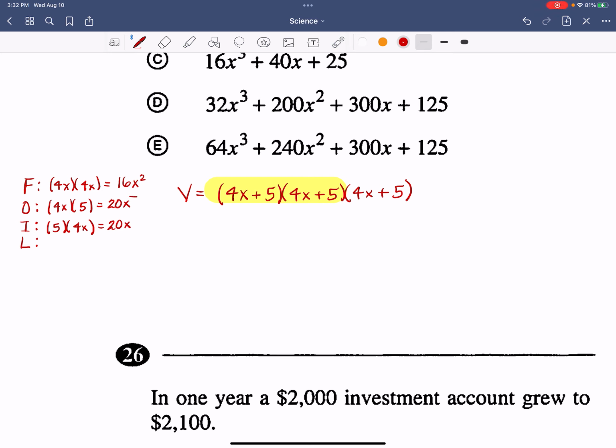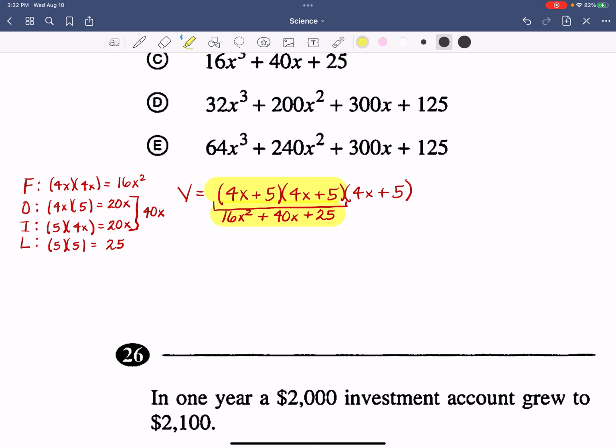Those are like terms which can be combined into 40x. Then the last terms are 5 and 5 for a constant 25. I'll bring that back over here: 16x squared, positive 40x, positive 25. So that is just from those two binomials.